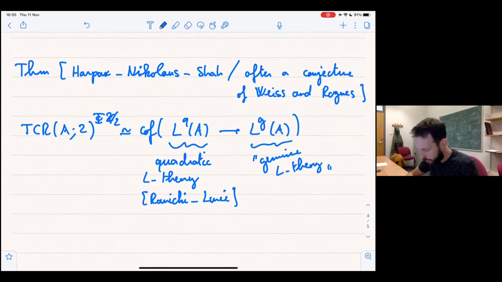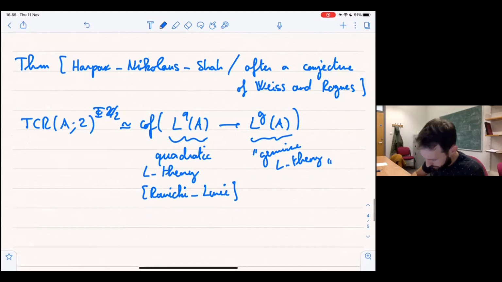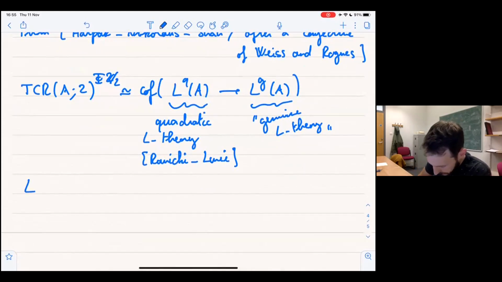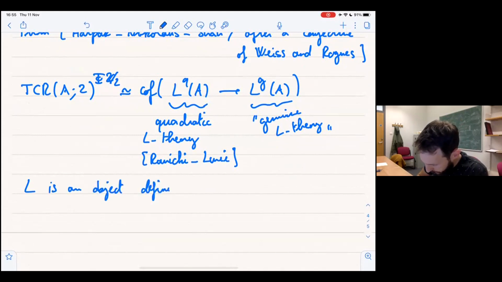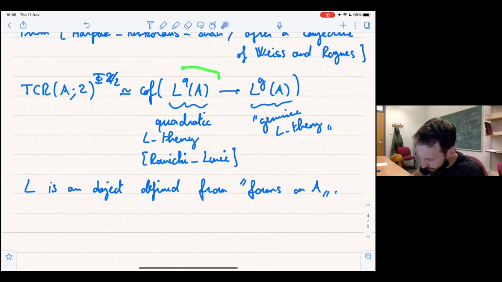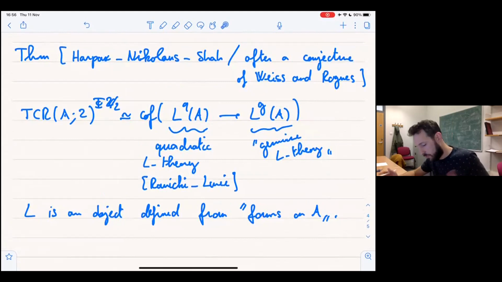And again, after Lurie, but I guess the point is that L is an object defined from forms on A. And this one from quadratic forms, and this one from another kind of forms. So you can still use this to compute something of a K-theoretic flavor, maybe that here.